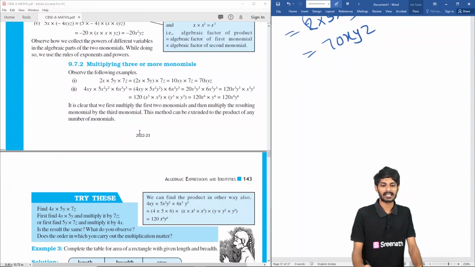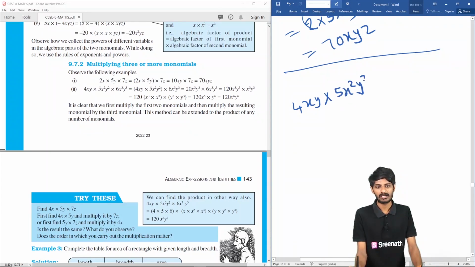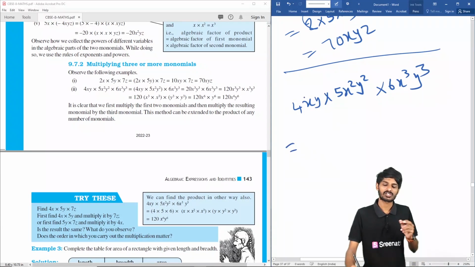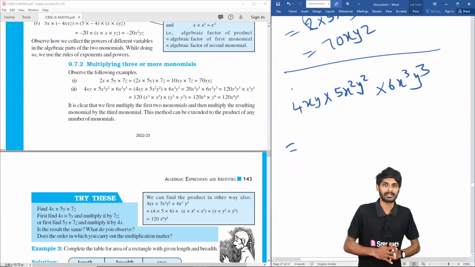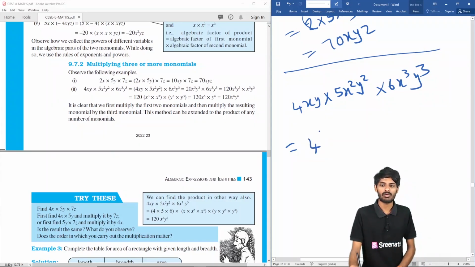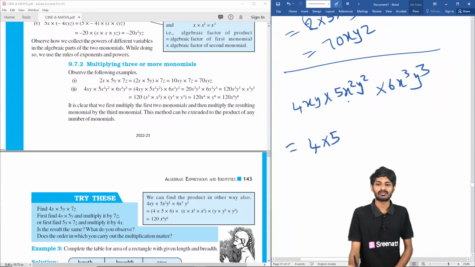And here there is another example, that is 4xy into 5x square y square into 6x cube y cube. So in this type of situation we have to use the second method, and you must be conscious about the multiplication. Here we are having the 4, the 5, and the 6.